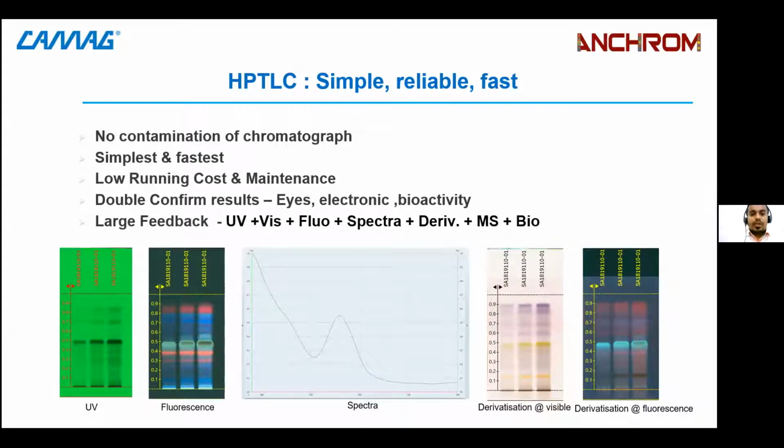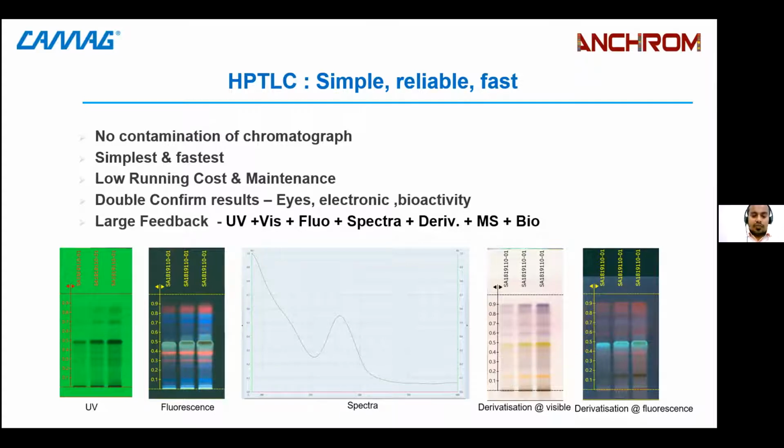And the main thing, double confirmation of results. You can check the result by your eyes, you can get the electronic data, and you can go for bioactivity studies also. From a single plate, you will get a large amount of data, that is the same sample image in UV light, visible light, fluorescence light before derivatization.